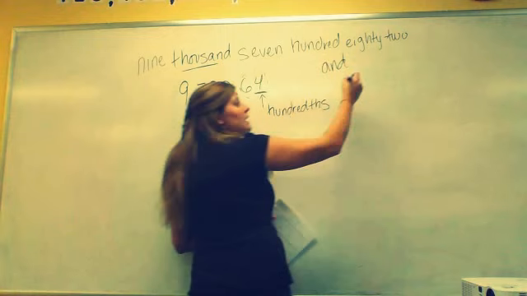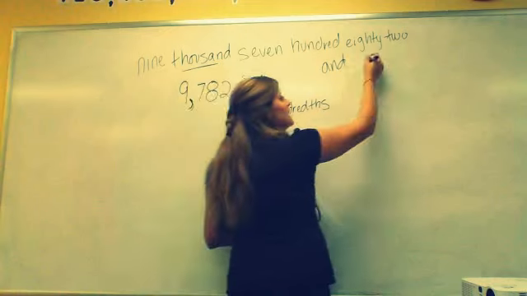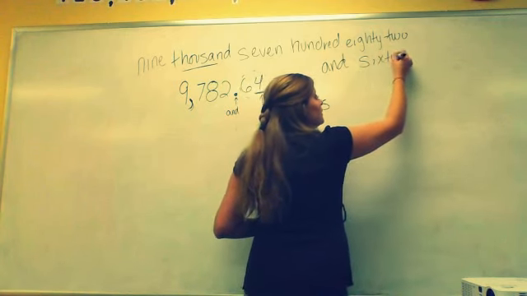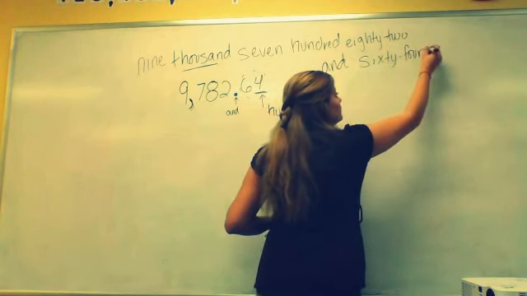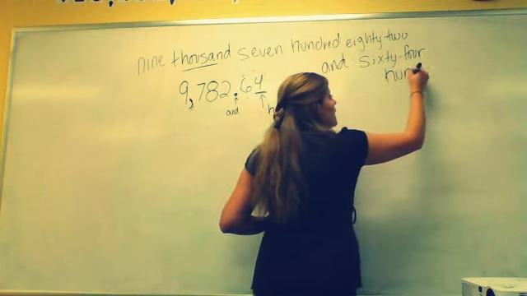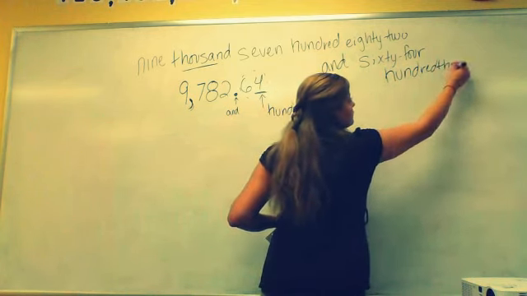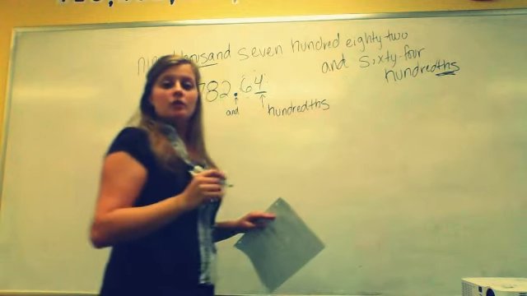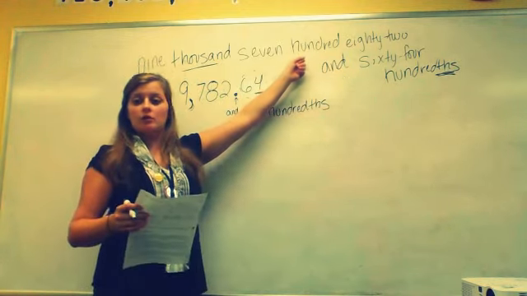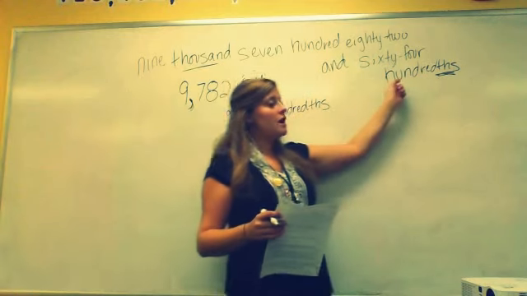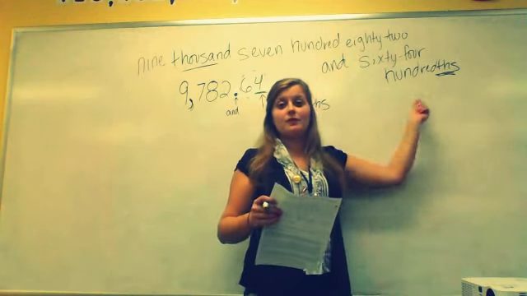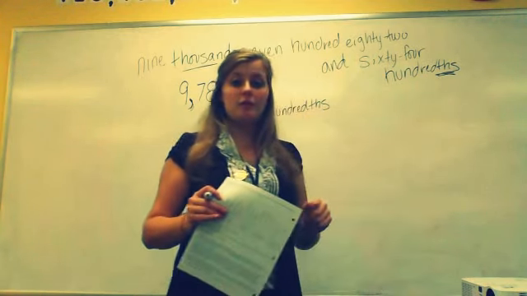And, just trying to make sure I keep all this on here, and 64, so here's 64 right here, and 64 hundredths. And there's that TH. Now look, there's 100 here, and there's hundredths here. There's a very big difference, so we have to memorize that.